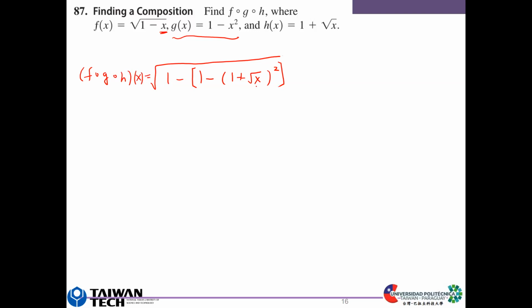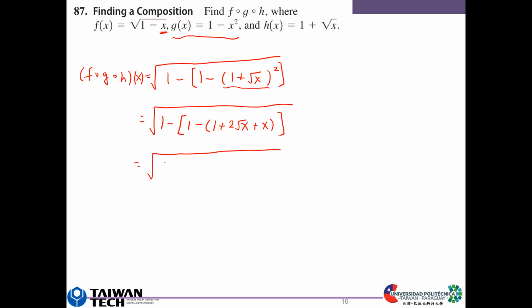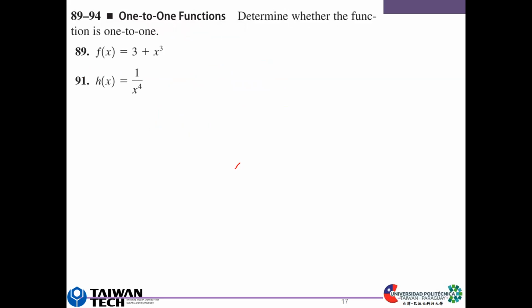Okay, so this is how we compose it, and then we look at these equations. For the 1 minus, we expand this, so this is 1 plus 2 square root of x plus x, right? And so we could have 1 minus 1 minus 2 square root of x. Wait.